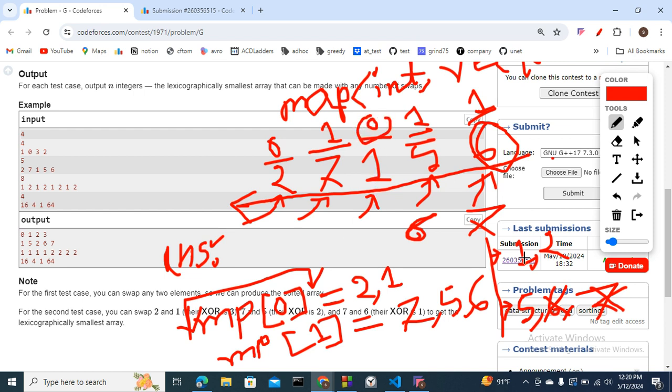Here group 0, so 2 is deleted, here group 1, so 5 is deleted, and here group 0, so 1 is deleted. So this is the answer.